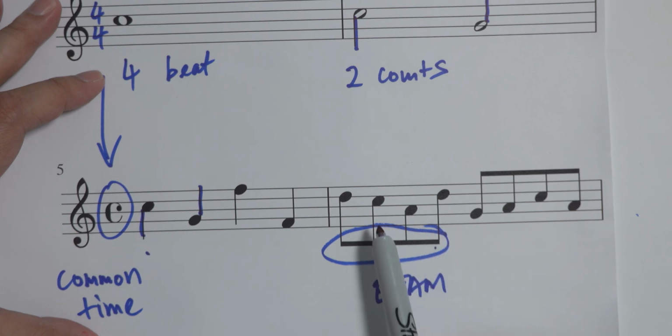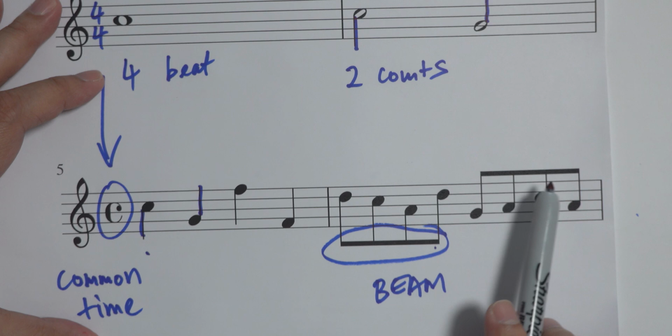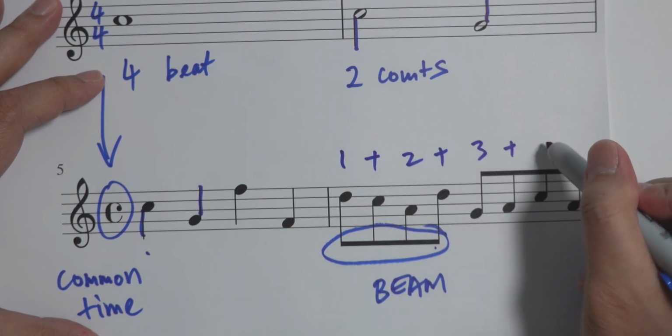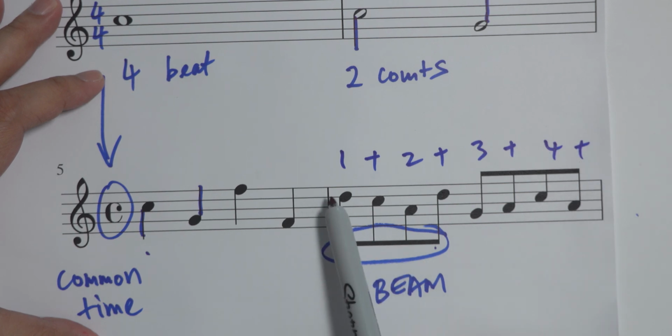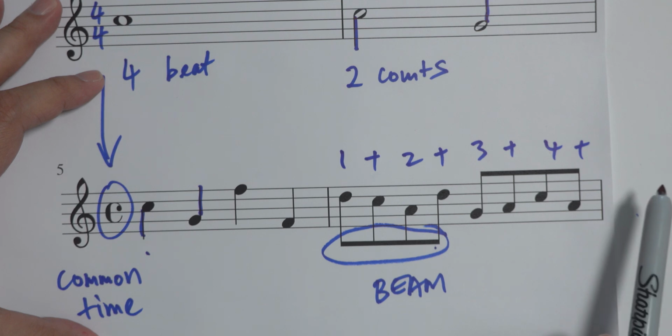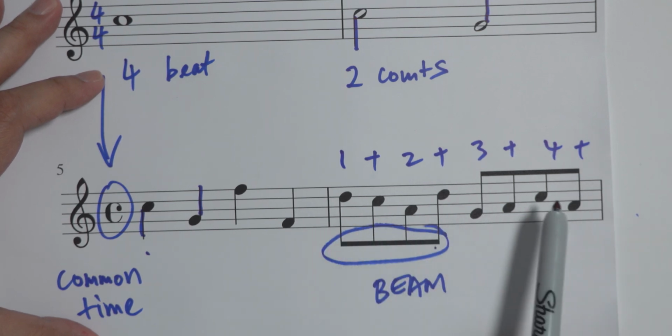And you would count them and play them as such. 1 and 2 and 3 and 4 and. By counting 1 and 2 and 3 and 4 and, you have essentially subdivided the entire bar into 8 events of half beat each.